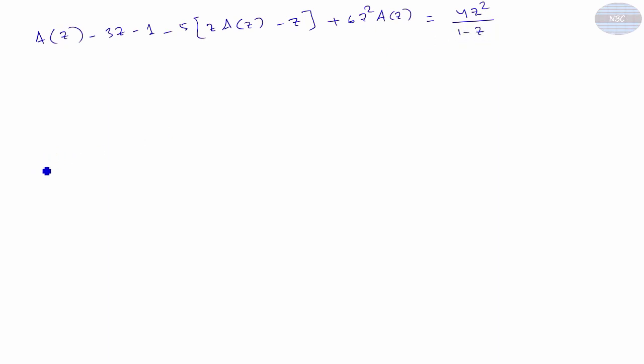Whatever simplified results have been calculated are just substituted in equation 1, so you get the above equation.